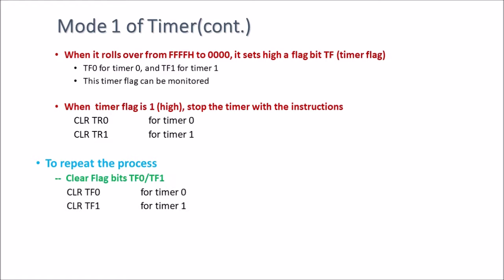So we can use instruction clear TF0 for timer 0 and clear TF1 for timer 1. So now timer is ready for the next process. So to start operation of timer for the next process, again we have to load count in count register TH and TL.